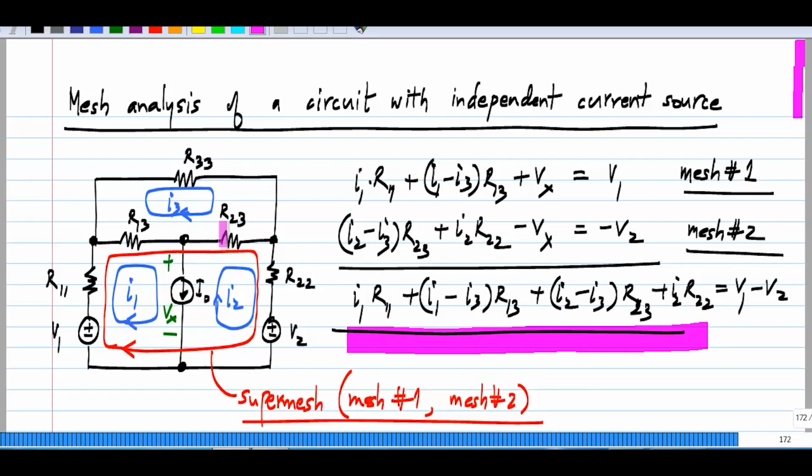Of course, by combining two mesh equations into one, we have lost one equation, but we now also know by applying Kirchhoff's current law here that I1 minus I2 equals I0, because the current through this branch in the downwards direction is I1 minus I2, but I know that value because the independent current source sets this current to be equal to I0. So I have the equation for the current source itself.